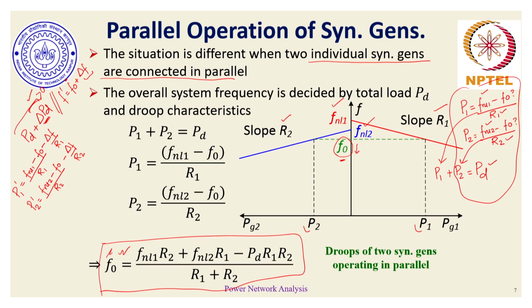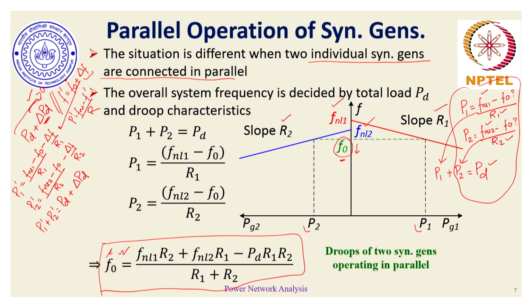Remember, the new frequency is F dash. So new generation P dash should be (FNL minus F dash) by R. So if I don't associate any sign with delta F, the minus goes from here, and when multiplied, reflects as a negative number here. And now P1 dash plus P2 dash, which are new generations, should satisfy the new demand also.